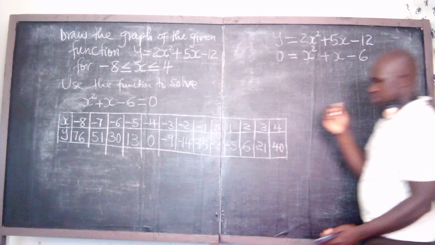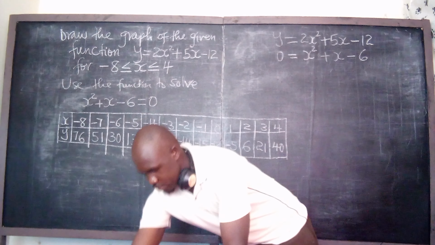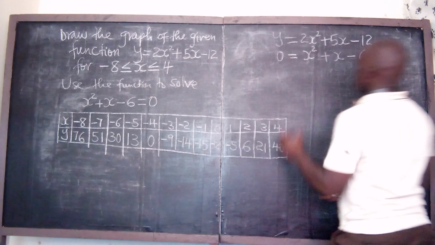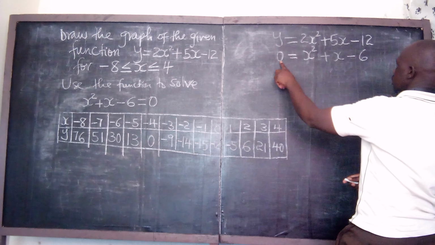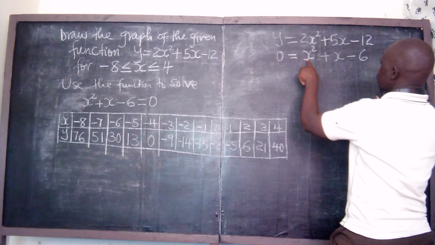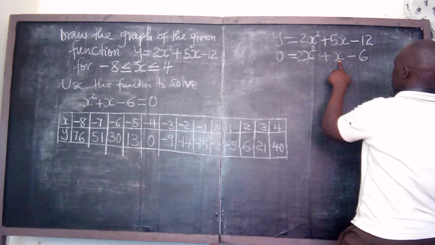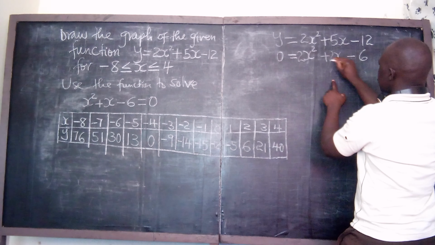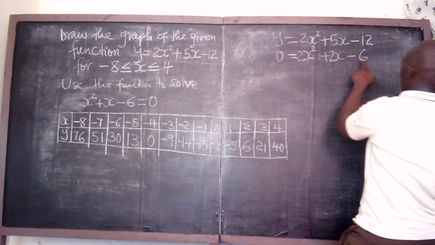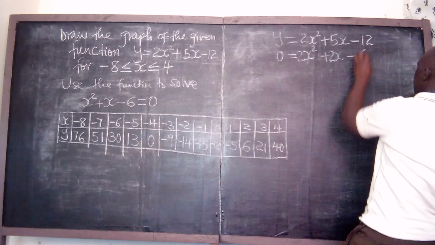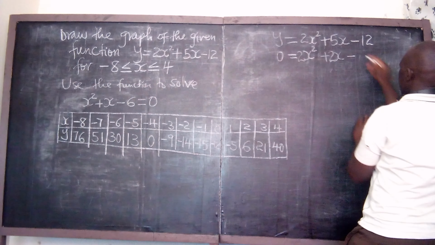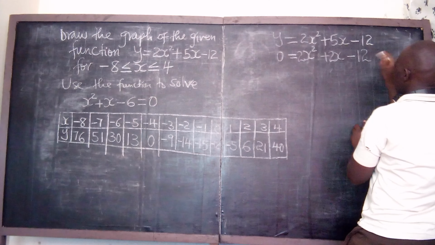I will not have changed anything. 0 times 2 is 0. x squared times 2 is 2x squared. x times 2 is 2x. And 6 times 2, I get 12.